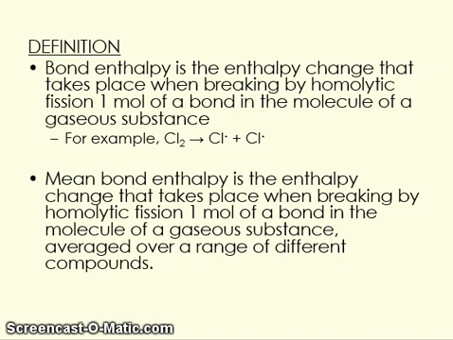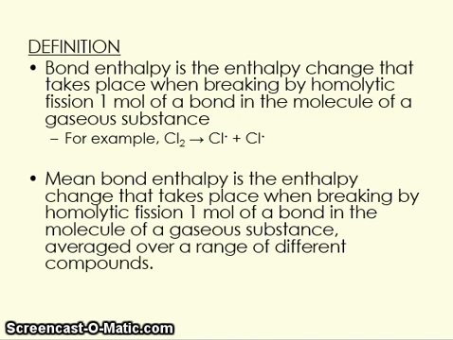In heterolytic fission, you'd end up with a positive charge and a negative charge, because both the electrons will go onto one of the atoms. In homolytic fission, the electrons go to different atoms, and therefore you end up with two radicals. So in this case, we've got a chlorine molecule. One electron goes to one chlorine, and the other one goes to another chlorine, so you end up with two chlorine radicals.